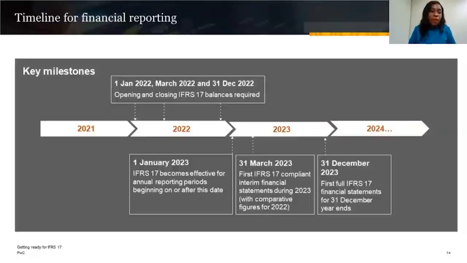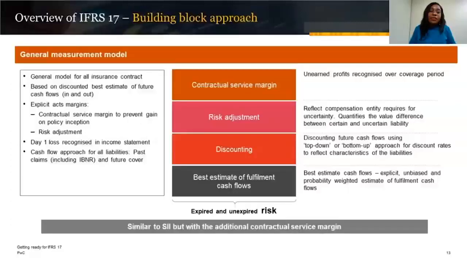So if you're applying the variable fee approach, you will still need to go through this whole modeling exercise and determine your contractual service margin or your loss on the contract. But there are certain variations, things that will need to be adjusted, things around the rates to use, and also how to fair value and treat the underlying items which the policyholder is sharing with the insurance company.